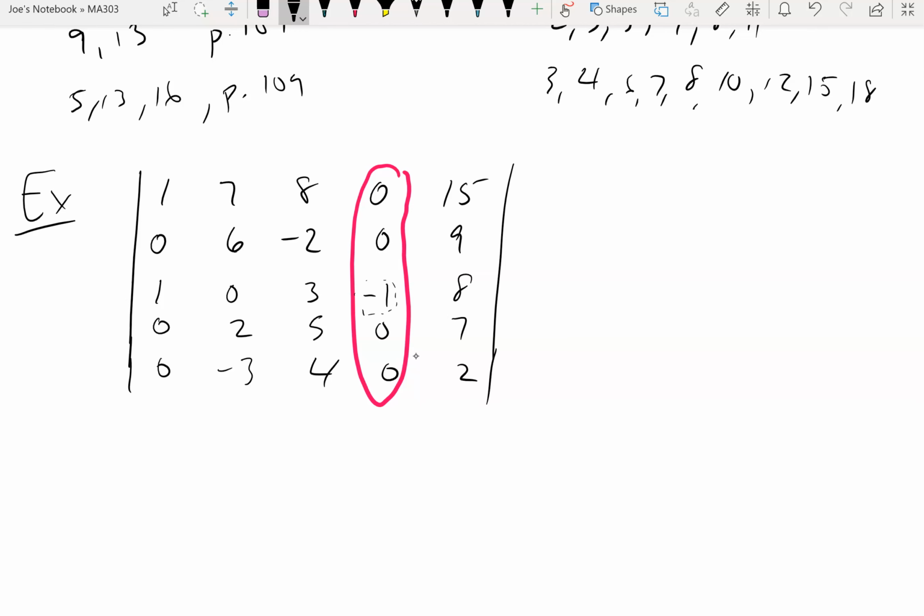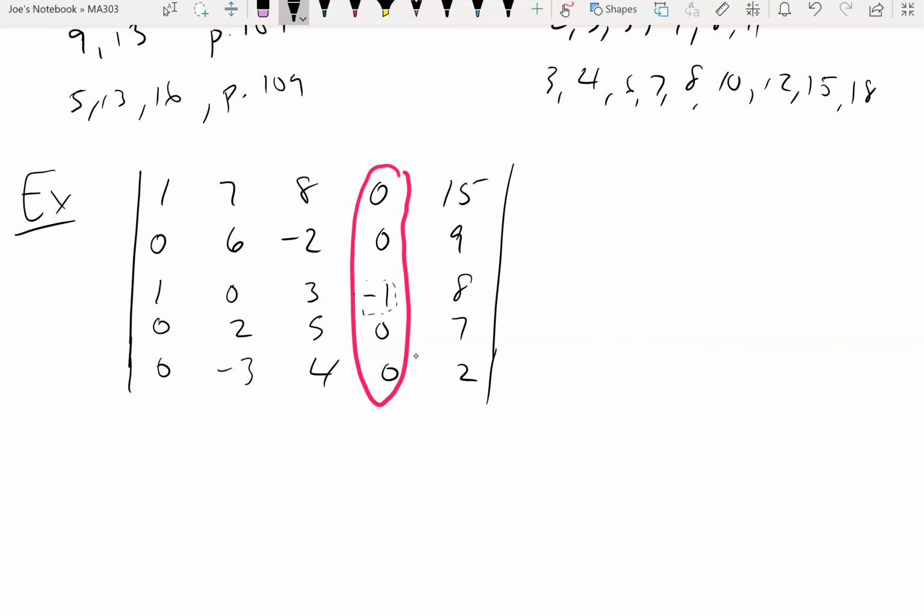Because the rest of them we're going to do 0 times the associated determinant of the minor. Whenever you expand along a row or a column, the matrix that's left after you eliminate the row and the column is referred to as the minor associated with that entry. So this is the 3-4 entry.